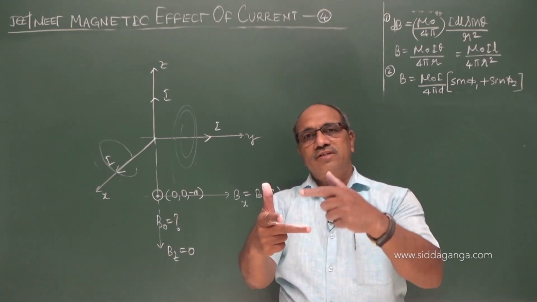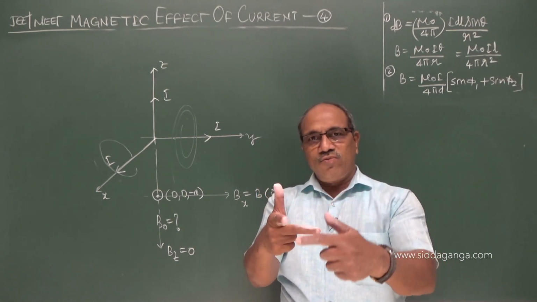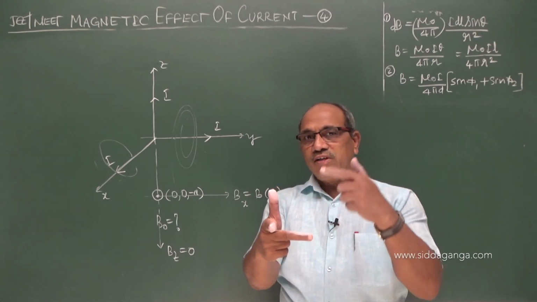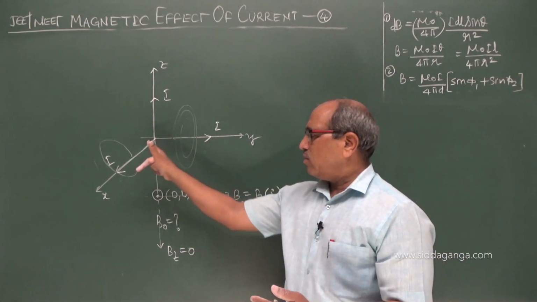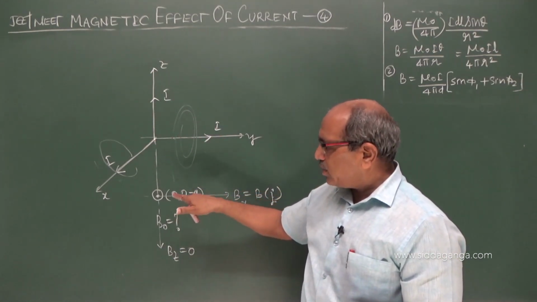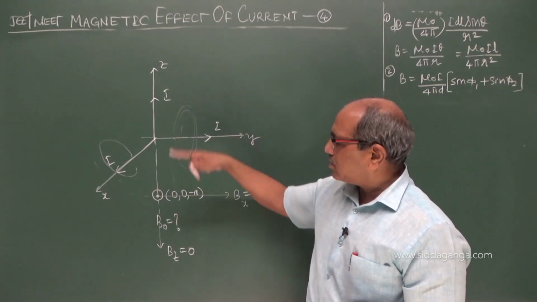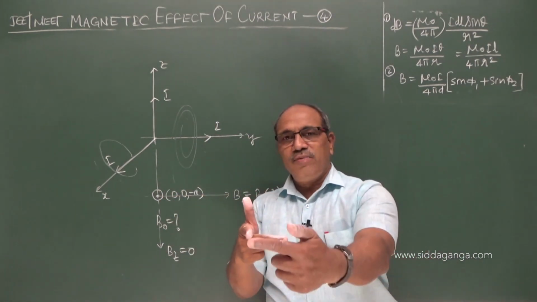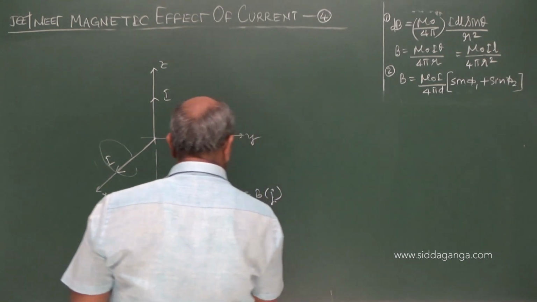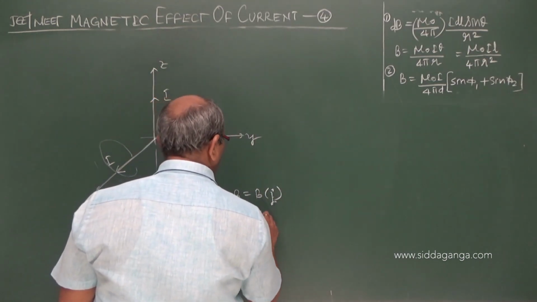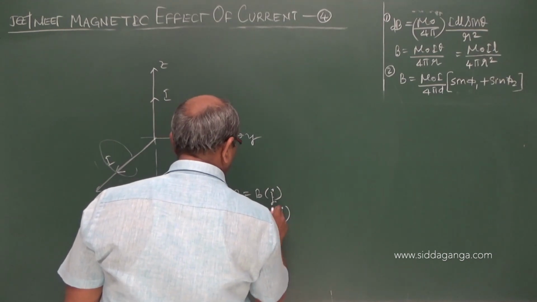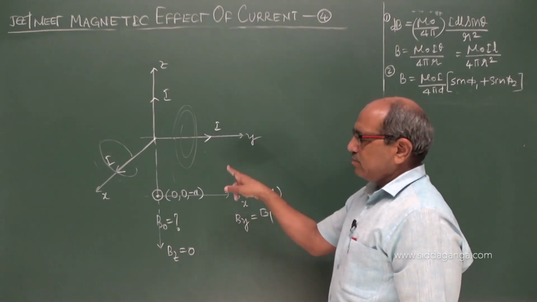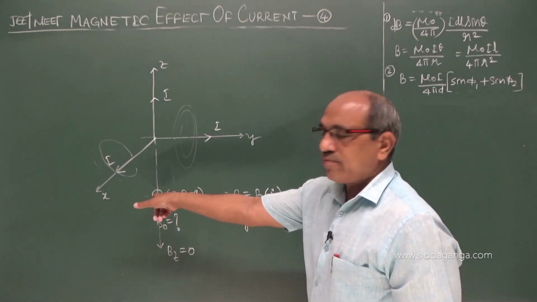When you go anti-clockwise, you see the down point with respect to y, so anti-clockwise coming toward that gives minus y. That is B equal to B minus i, that is along minus x, because anti-clockwise is like this. The field is along x.